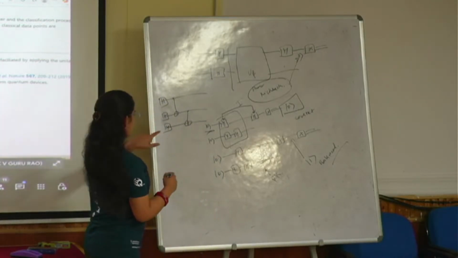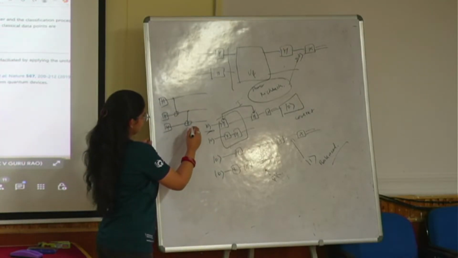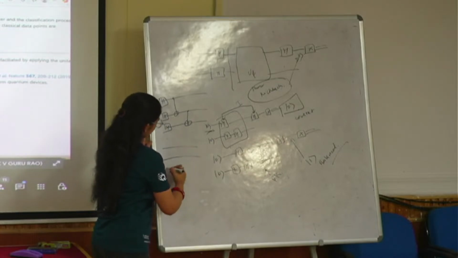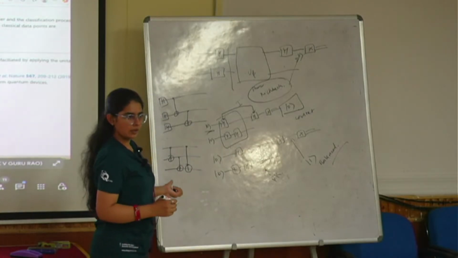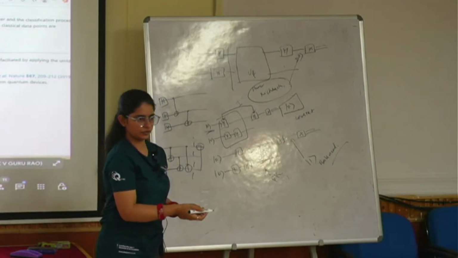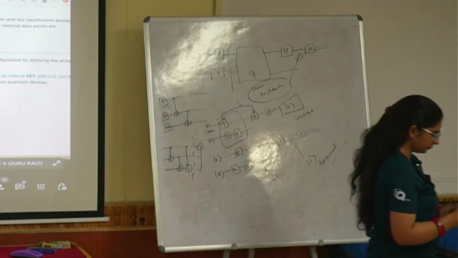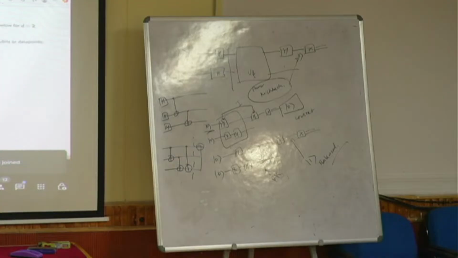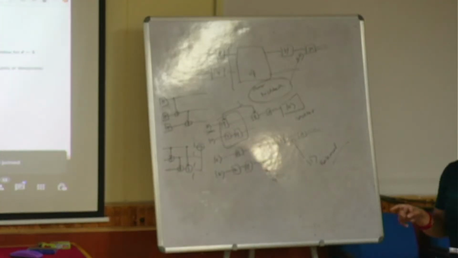That is the linear entanglement. For full entanglement, every qubit is entangled with every other qubit. For the circular case, we just apply another CNOT over there. And there is one more thing I want to mention.